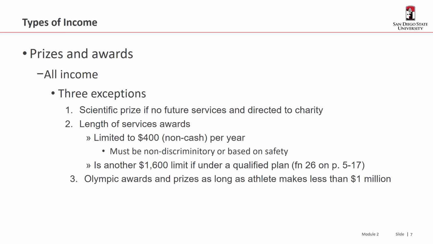You can think of this as the Nobel Prize exception because that is specifically what it was built for. A Nobel Prize, I think, is $1 million now. And if upon receipt, the taxpayer says, no, I want you to pay it directly to a charity, and of course, the Nobel Prize doesn't require the researcher to do any additional research, they just get it for past services, then as a result, they could exclude that from their income.